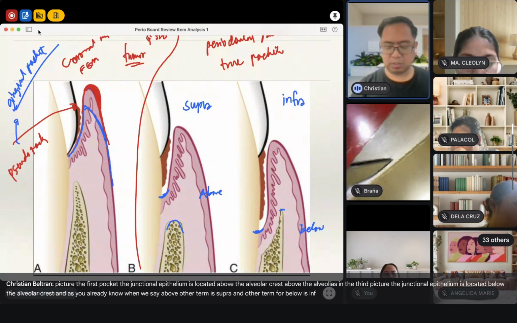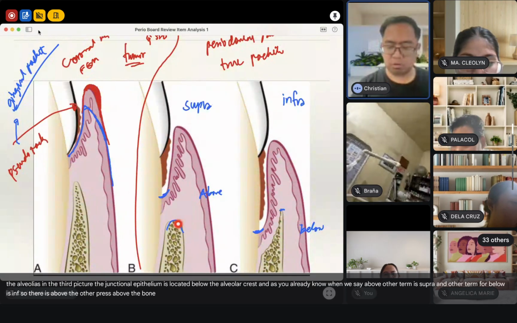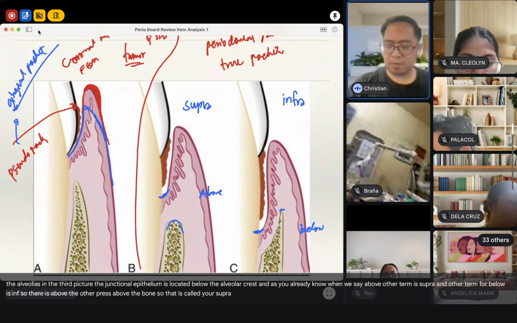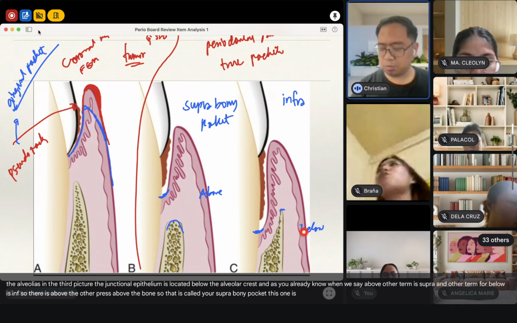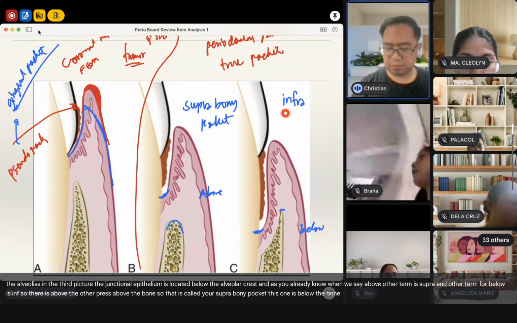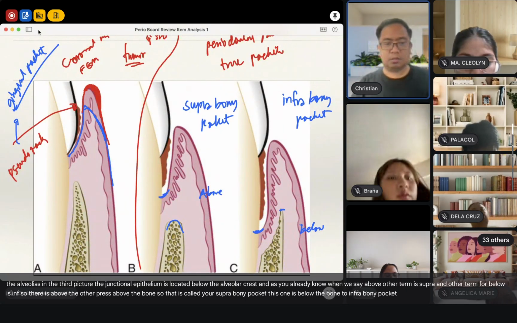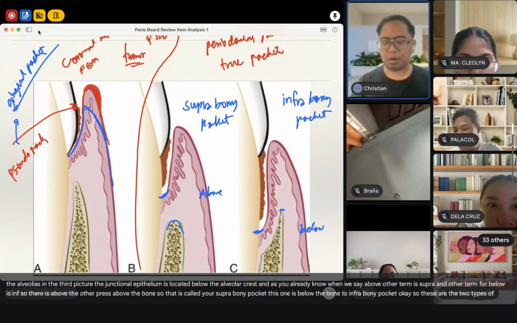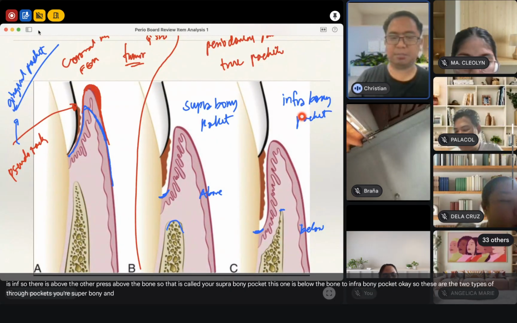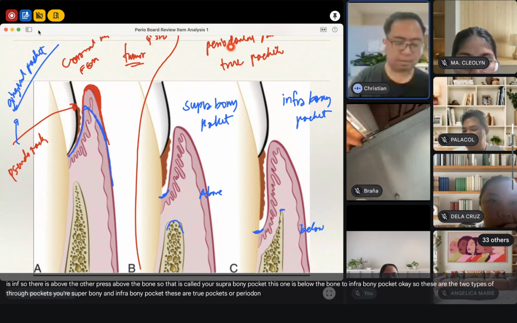Diba? So this is above the alveolar crest, above the bone, so that is called your supra bony pocket. This one is below the bone, so infra bony pocket. Okay. So these are the two types of true pockets, your supra bony and infra bony pocket. These are true pockets or periodontal pockets.